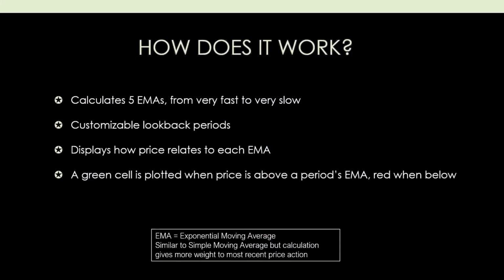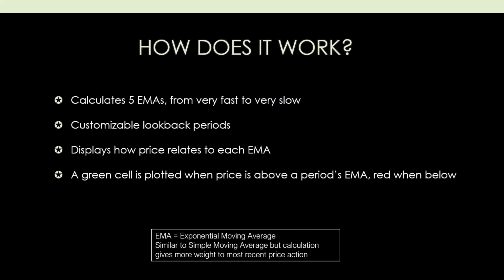So what Trend Radar does is it first calculates and tracks the values of 5 exponential moving averages from very short term or very fast to very long term or very slow period. These EMAs have customizable look back periods. And on every bar, to get that heat map like visual, the indicator plots a column of 5 squares.